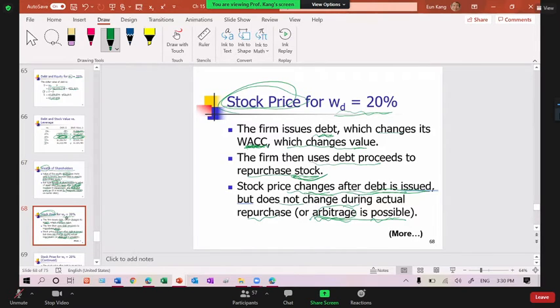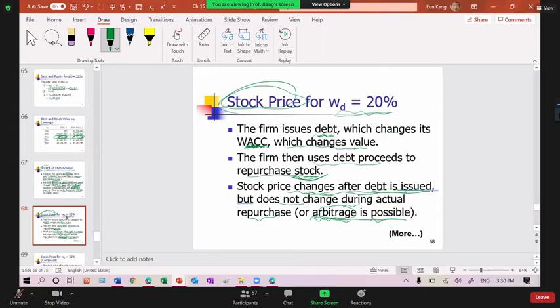So simply, the arbitrage process is what? If price is not right, people will just trade to exploit the profit opportunity, right? So price has to be right. If not, the market is not in equilibrium.